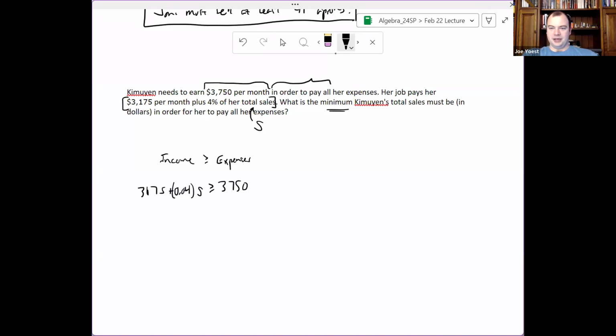Okay, so I have a linear inequality. I have not yet isolated the variable term, so let me do that by subtracting 3,175 from both sides. 3,750 minus 3,175 gives me 575.